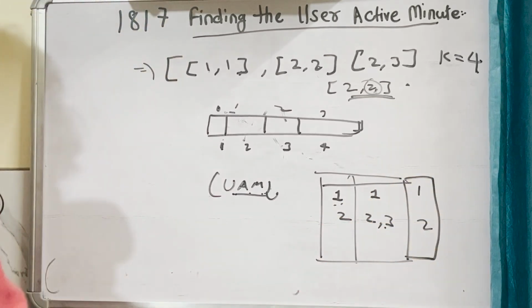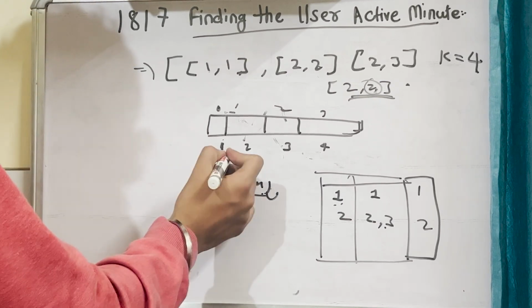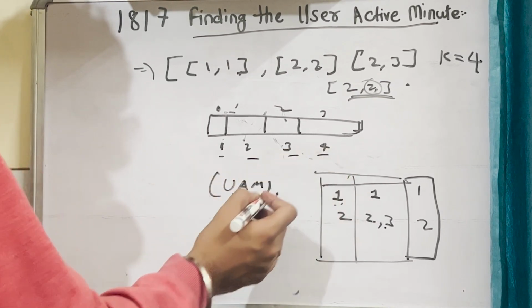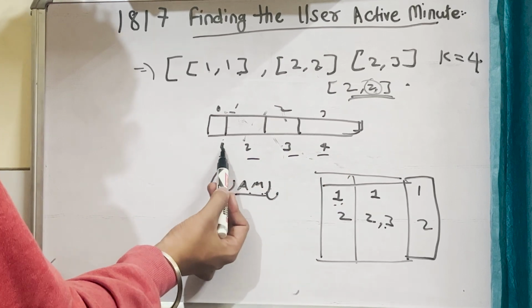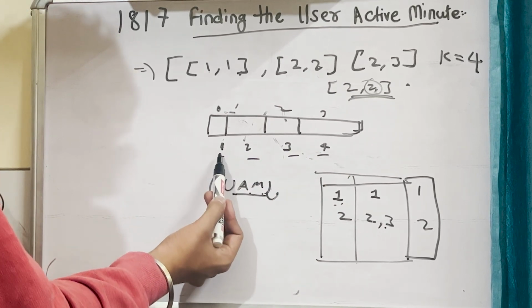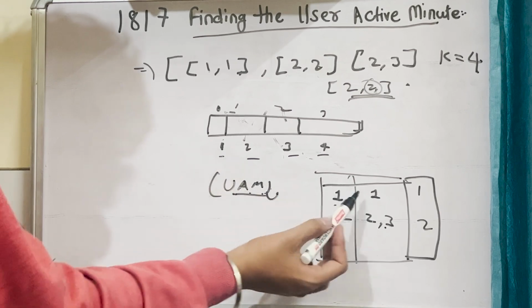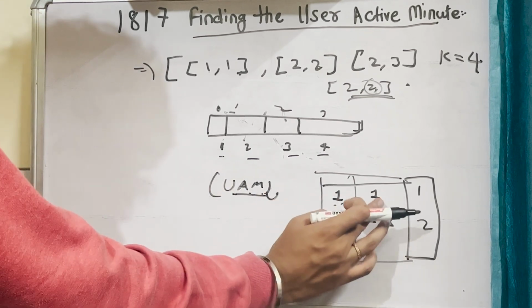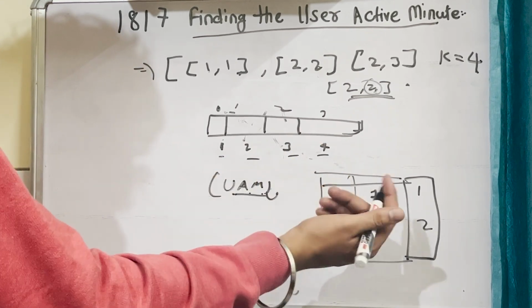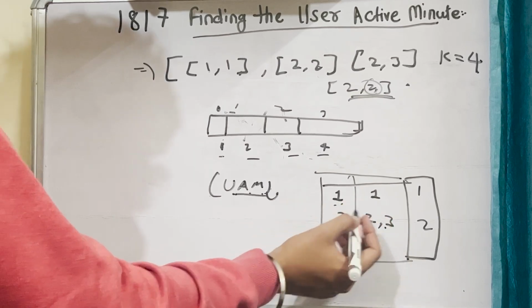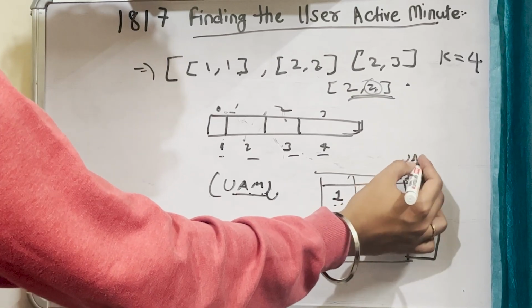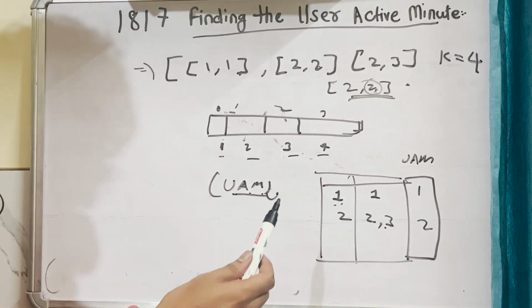Then what we have to return is, this will be your minute, and you have to return the number of users active in that minute. For example, only one user has a UAM equal to 1. This will be your UAM. If you couldn't understand, let me explain again.